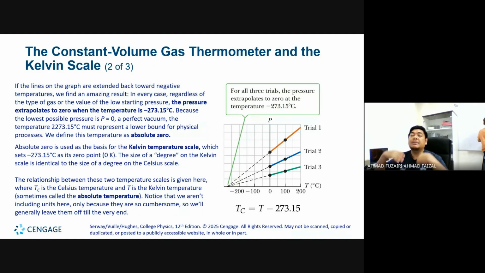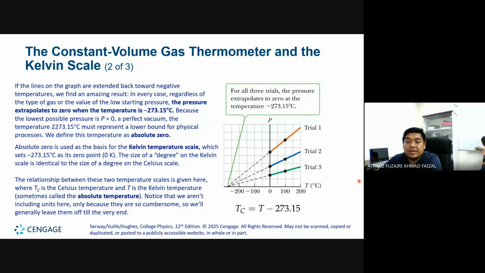That means the temperature when pressure equals zero is at negative 273.15 degrees Celsius, which is equivalent to 0 Kelvin. You can see here, this is the point where the temperature in Celsius at which the pressure becomes zero.